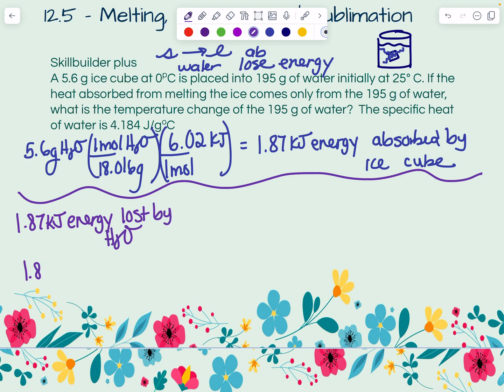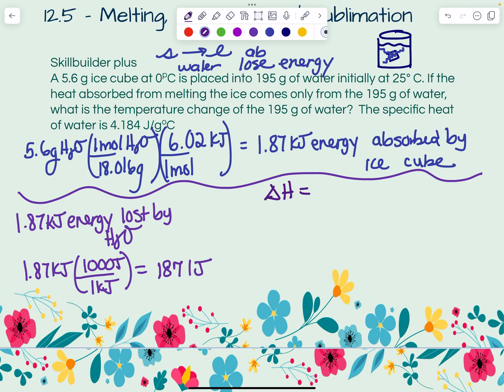Okay, 1.87 kilojoules. I know that 1 kilojoule is 1,000 joules. So I can just take that number, and it actually comes out to 1871 joules. So that's how much energy the water is going to lose.